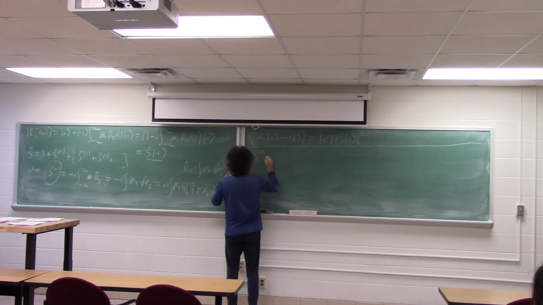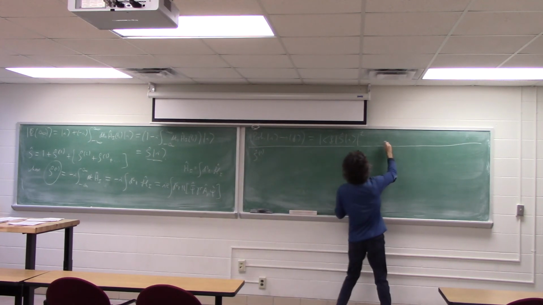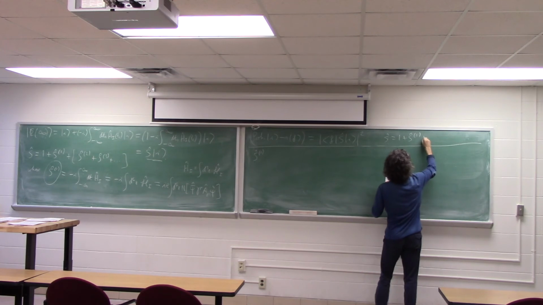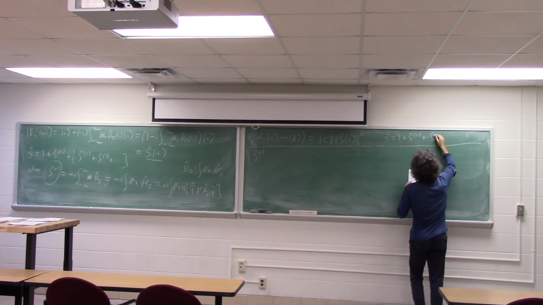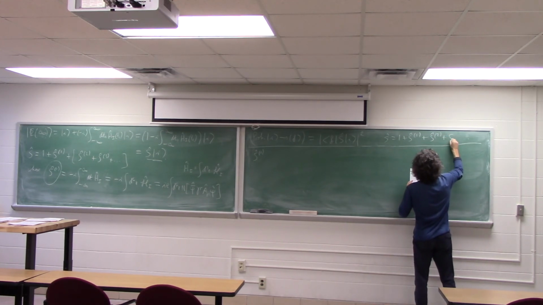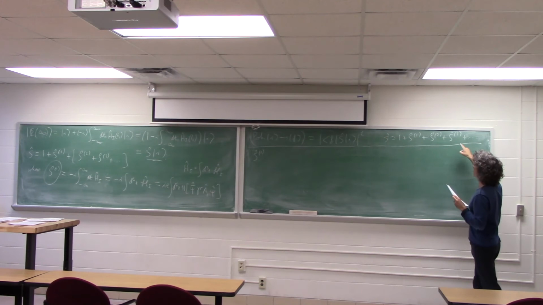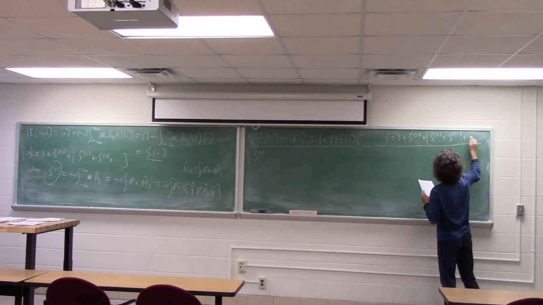To first order, the S matrix operator is a series of terms. The zeroth order term is just 1, and then we've got the first order term, the second order term, the third order term. We will look at these later.